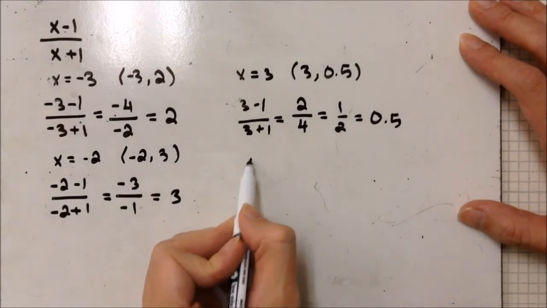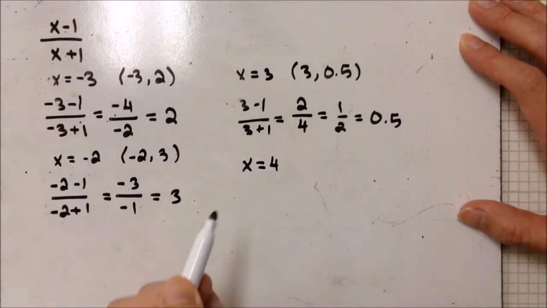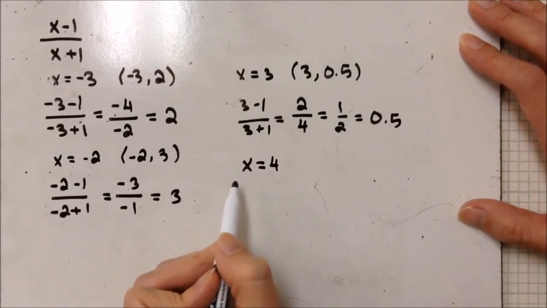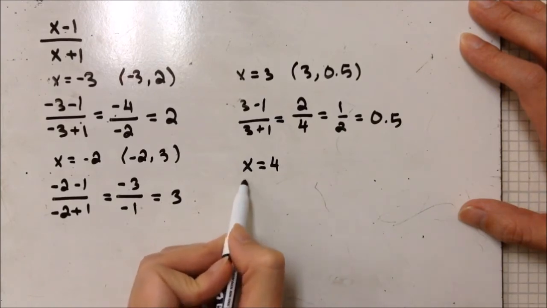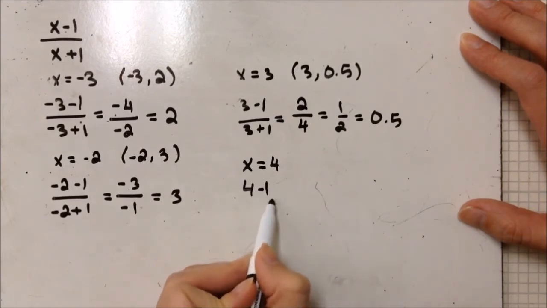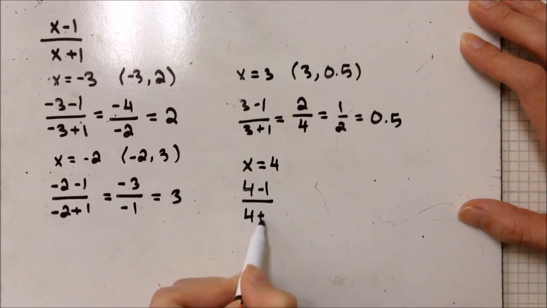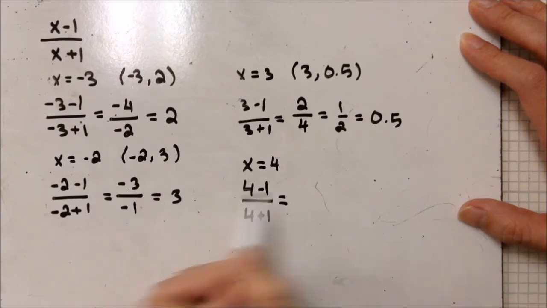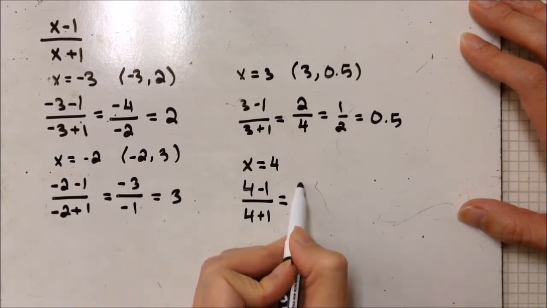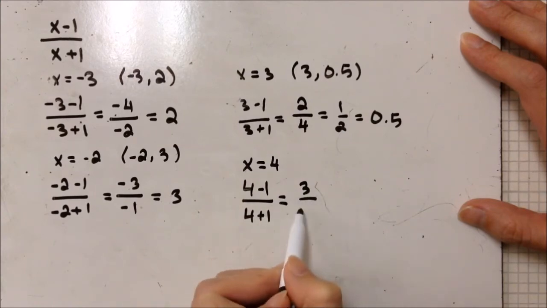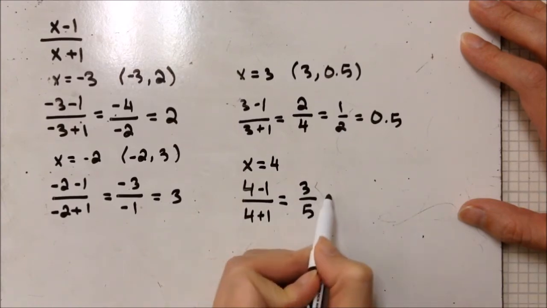Alright, our last one is x equals 4. So in the numerator, 4 minus 1 over 4 plus 1. So on the numerator, 4 minus 1 is 3. Denominator, 4 plus 1 is 5.